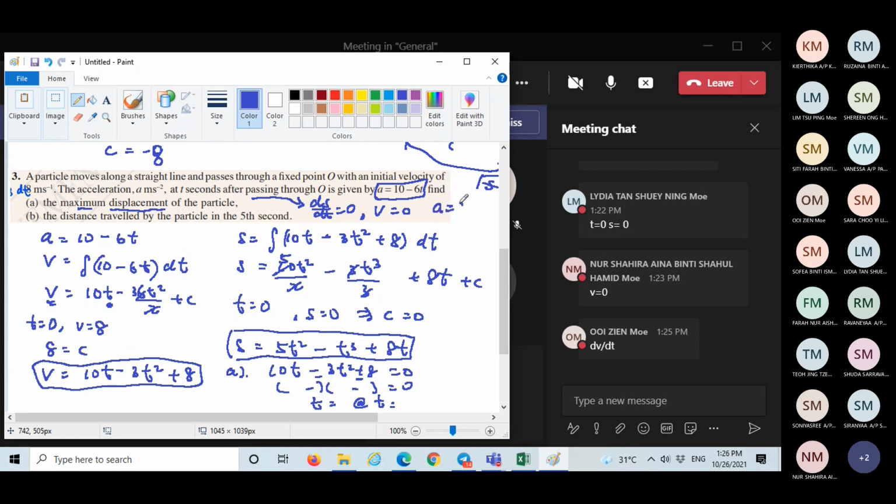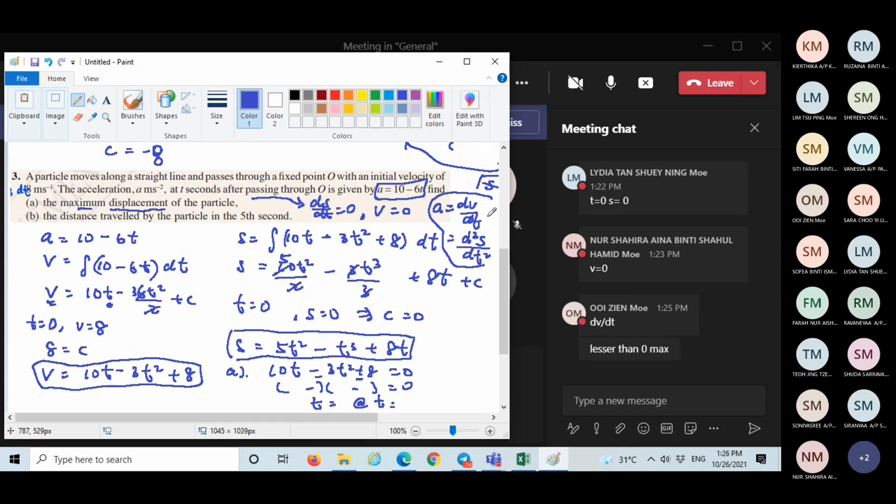Okay, a is dv/dt. A is also actually d squared s over dt squared. Okay, so she's saying that, okay, use the d squared s over dt squared to test. Okay, less than 0, smaller than 0, then is maximum.